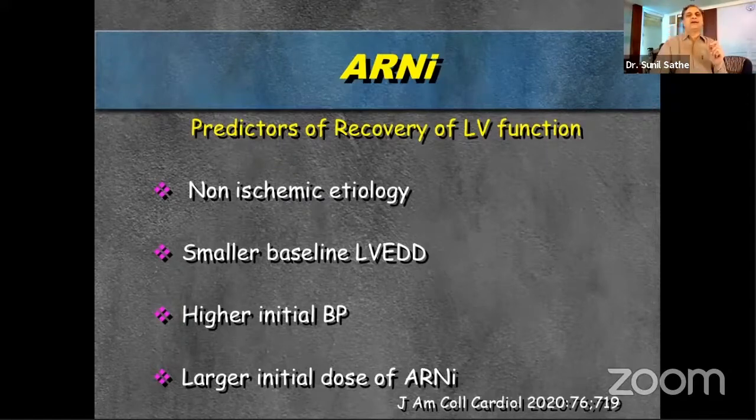Except MRAs, eplerenone did not show an increase in LV function, but otherwise. For predictors of LV function improvement: non-ischemic etiology, smaller LVs, that means not very significant dilatation, LV of less than 6.5 cm, and higher initial blood pressure. All patients with a BP of 120 and above, in fact, improved the best, and also a larger initial dose of ARNI.